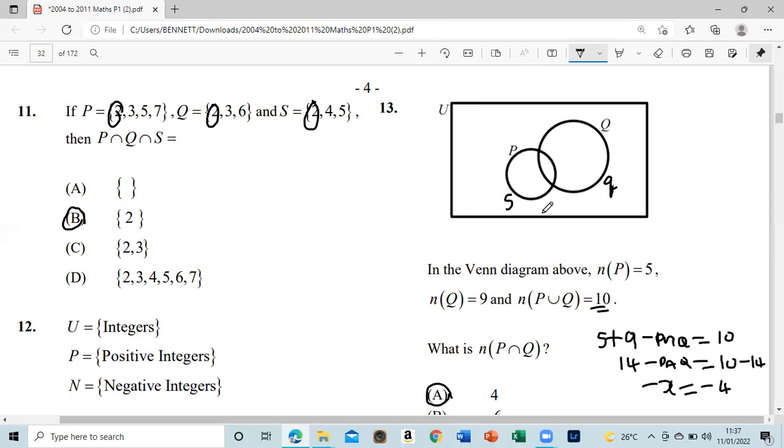Alright, so let me try it to see if it makes sense. 4. Then that means that this will be 1 then, right? And this will be 5, right? Yep. Because with a minus the 4 from this, a minus the 4 from this. So this is what the finished product would be.